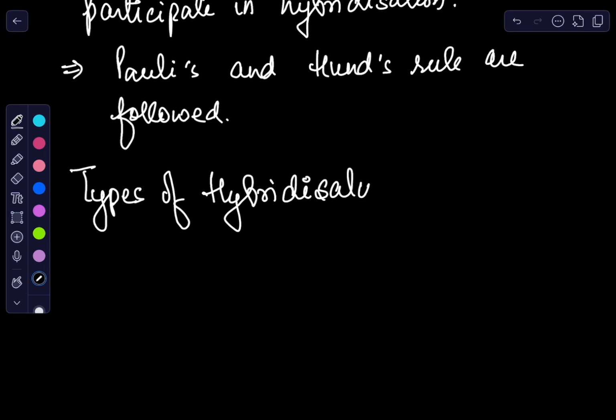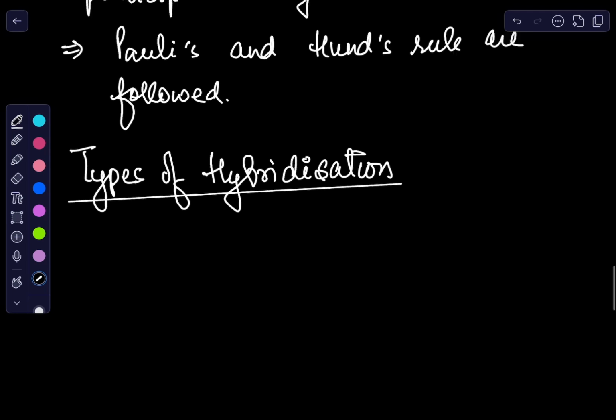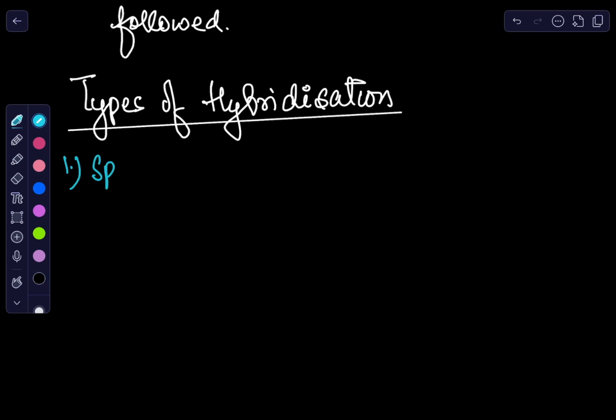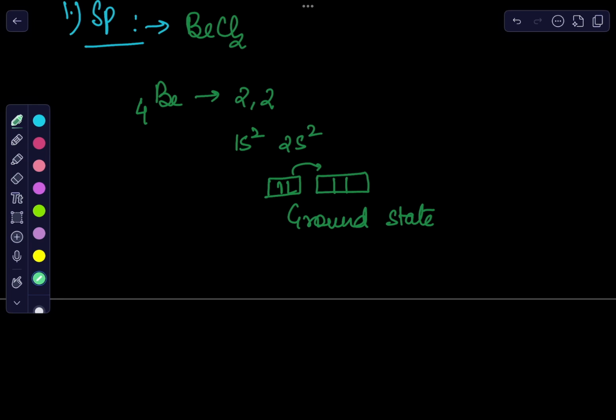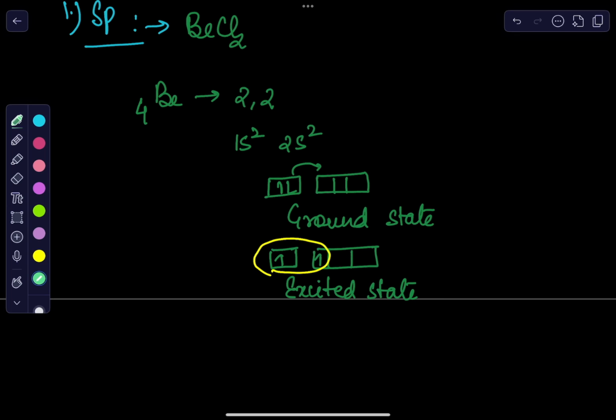Let's discuss types of hybridization. First we have sp hybridization. Let's take the case of beryllium chloride. Beryllium has 2 electrons in the valence shell, and both of these electrons are paired and present in 2s. So in the ground state it has 2s² configuration, so one electron will jump into 2p, so that now we have 2 unpaired electrons, and beryllium can form 2 bonds with 2 chlorine atoms.